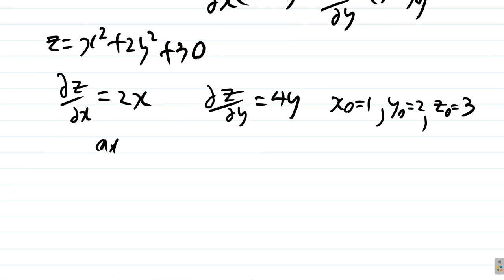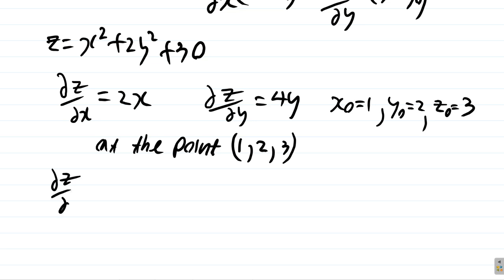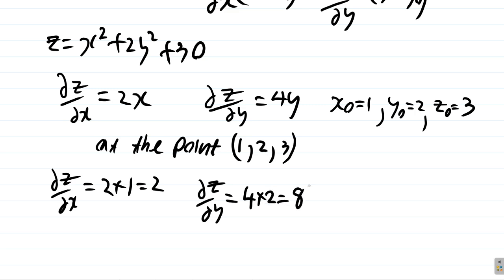Now, at the point (1, 2, 3), delta z by delta x is equal to 2 times what is x? x is 1. 2 times 1, which is 2. Delta z by delta y is equal to 4 times y. y is 2. 4 times 2 is 8.